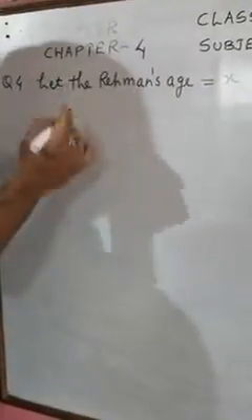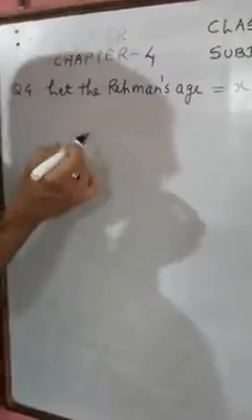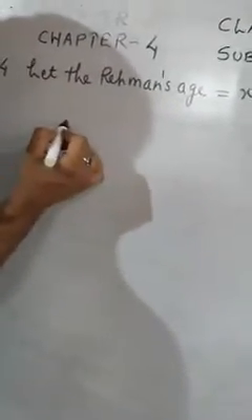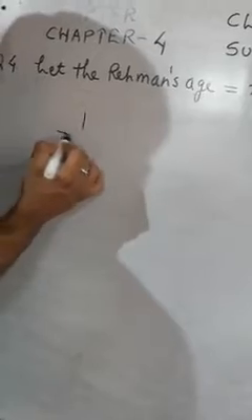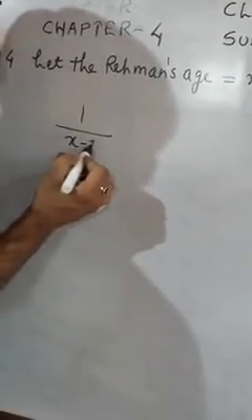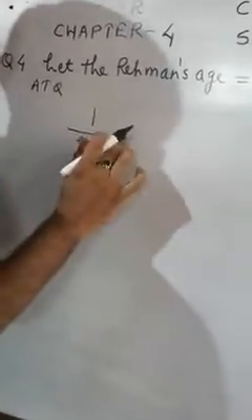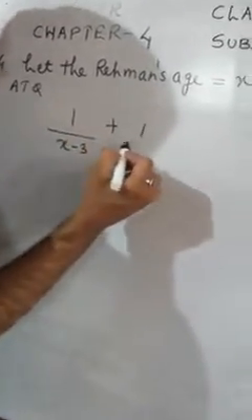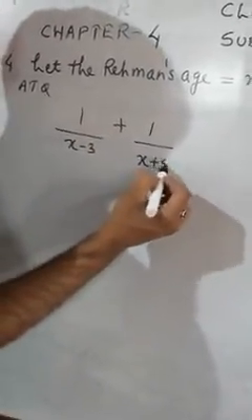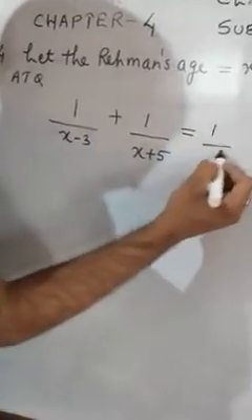Now according to the question, what is asked? 3 years ago means x minus 3. And 5 years from now means x plus 5. So when we take the 3 years ago according to the question, and x plus 5, equal to 1 upon 3.